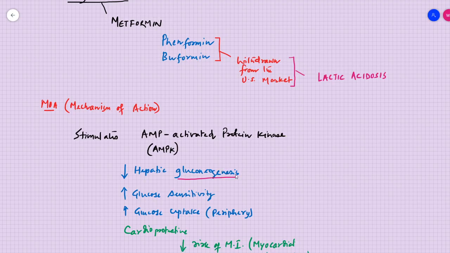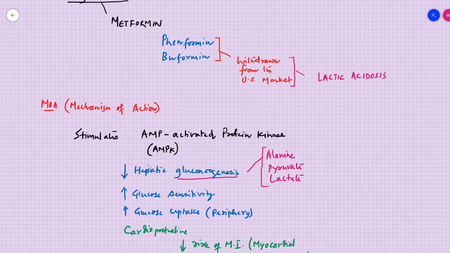The non-carbohydrate substances are usually alanine, pyruvate, and lactate.